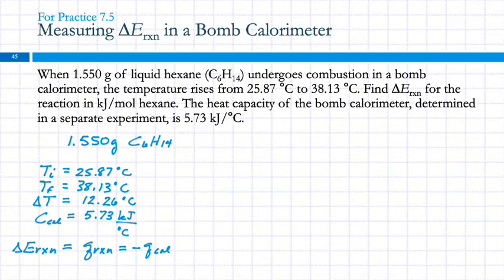The calorimeter is gaining the heat. The amount of heat is the same. It's just positive or negative depending on your point of view, right? Like transferring money. So we want to find this delta E for the reaction. So that's going to be equal to negative Q cal. So let's write that up here. Delta E for the reaction is equal to negative Q for the calorimeter.